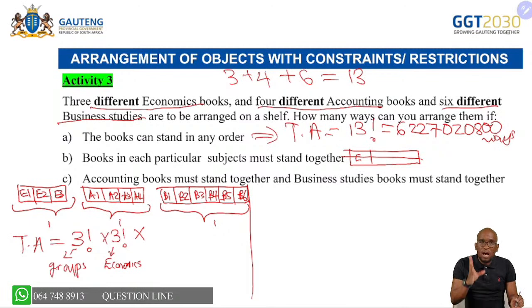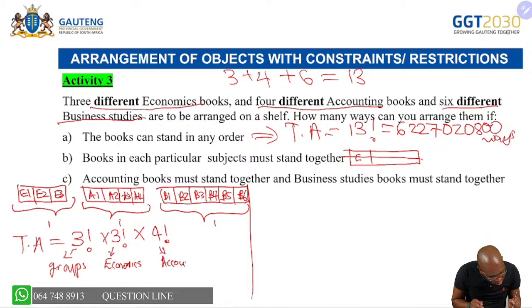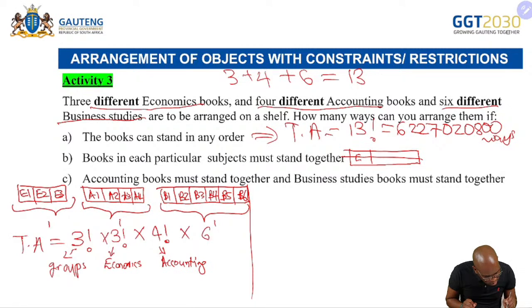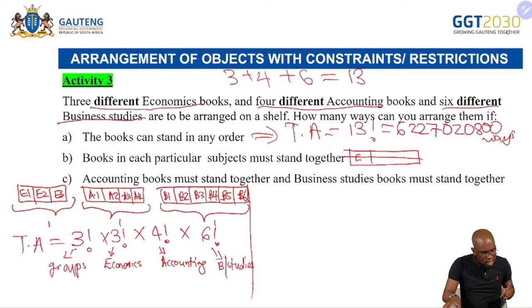Because there are 4, they can interchange positions in 4 factorial ways. Now, we also have our business studies books. They are 6 of them, so they can arrange themselves in 6 factorial ways.